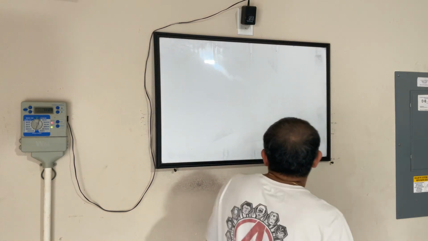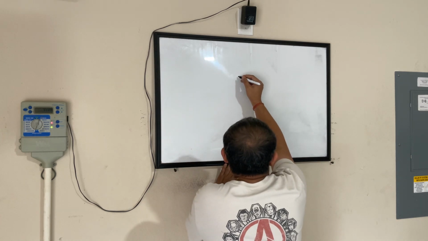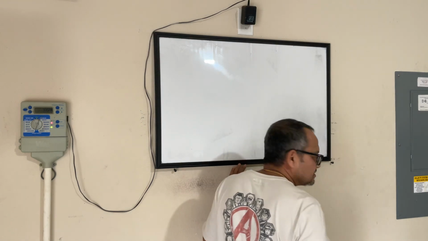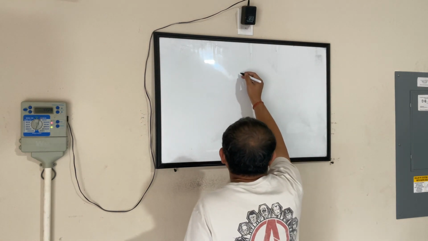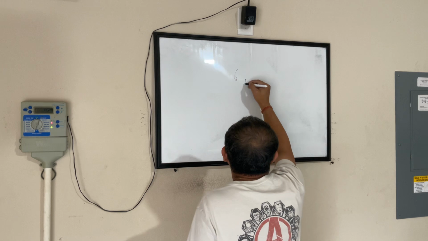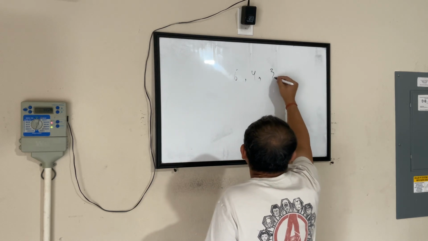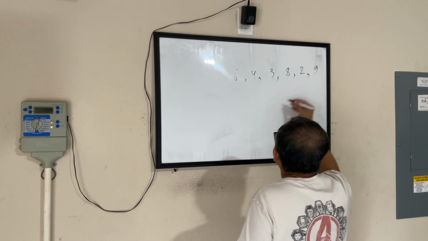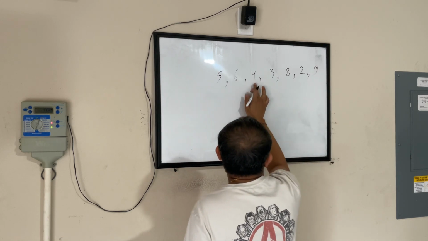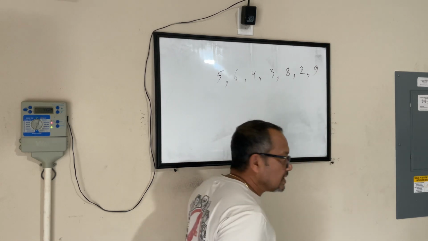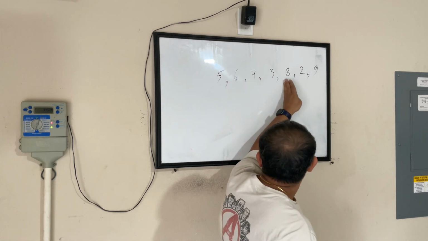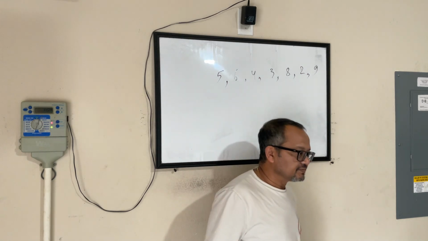Now, let's say I have the price of vegetables per pound. Okay, some random vegetables, I would not want to worry about that. 5, 6, 4, 3, 8, 2, 9. So I have put the per pound price of 7 vegetables.